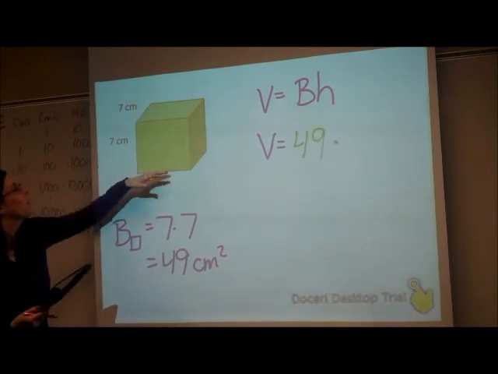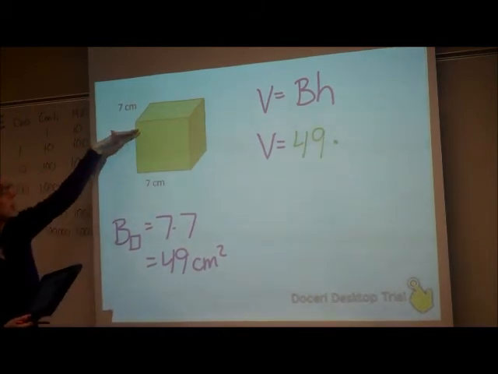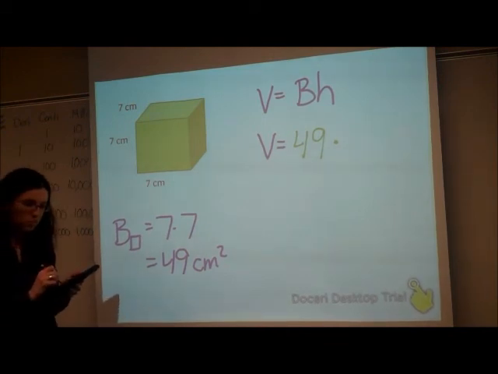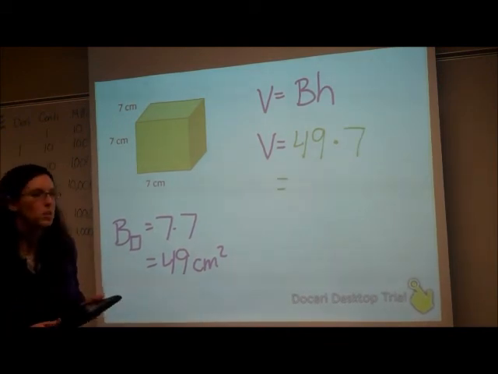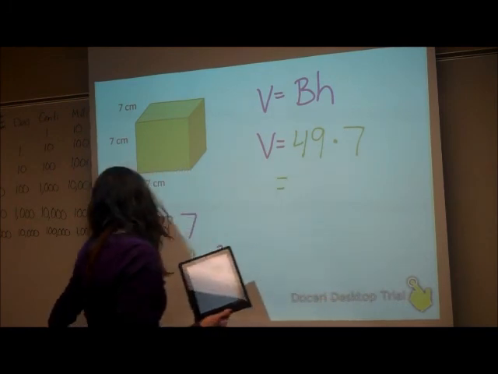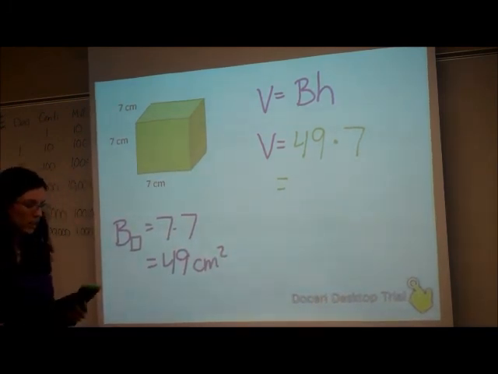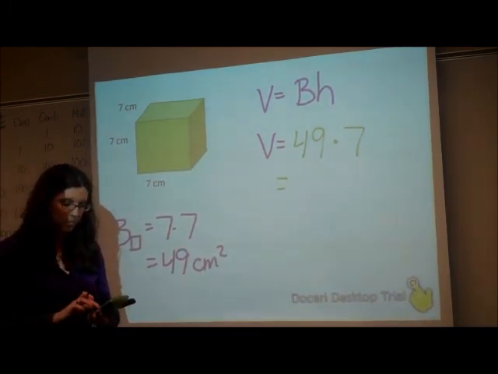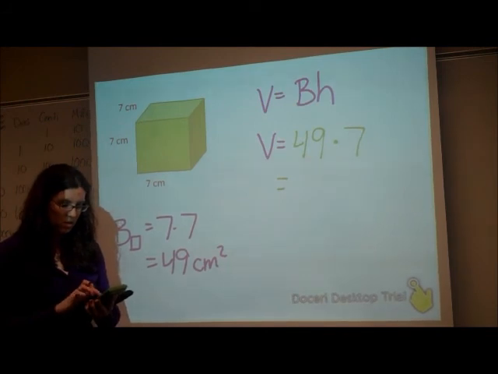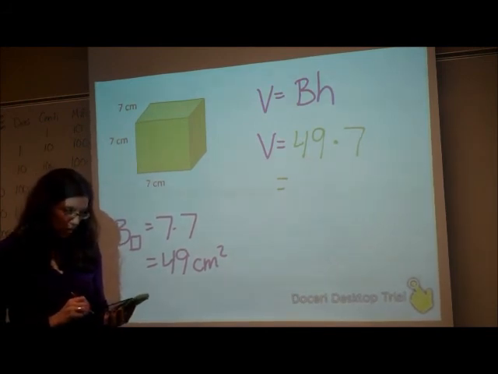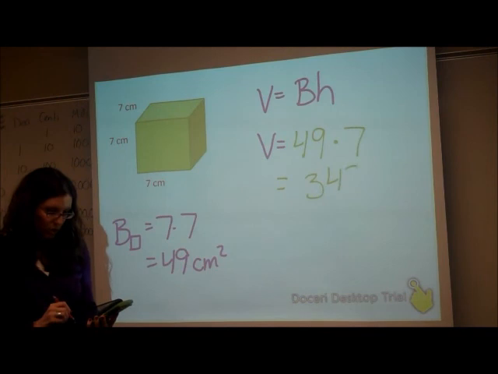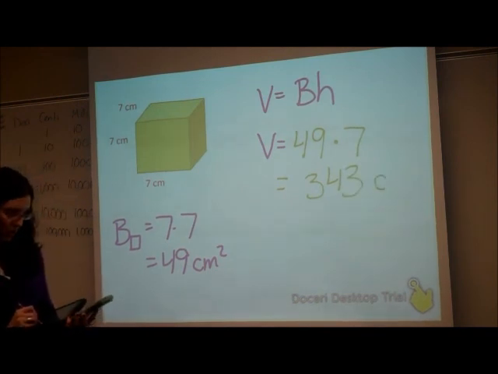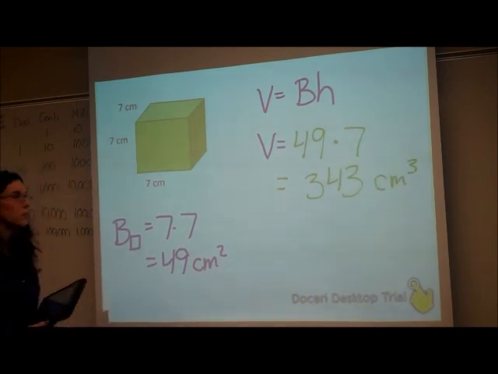Then I want to multiply it by the height. Well, this is 7 as well. Then, taking 49 times 7, I get 343, and that would be centimeters cubed.